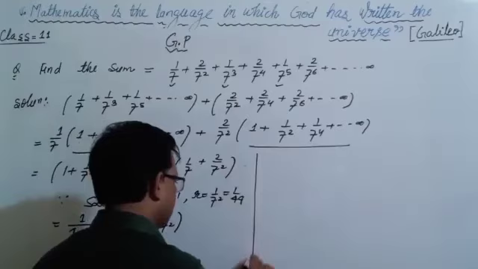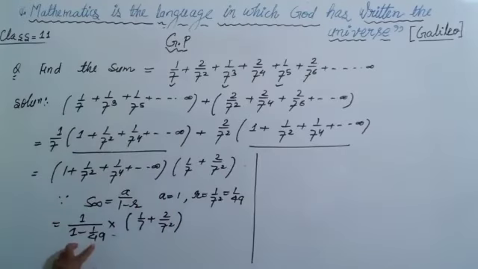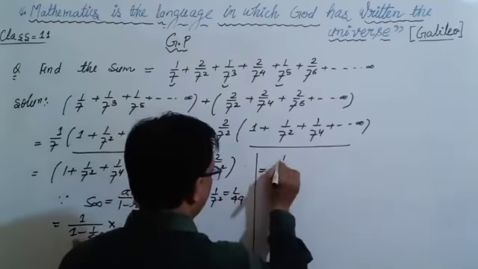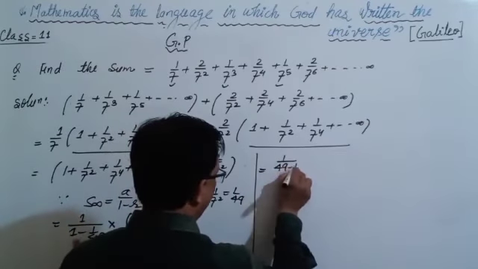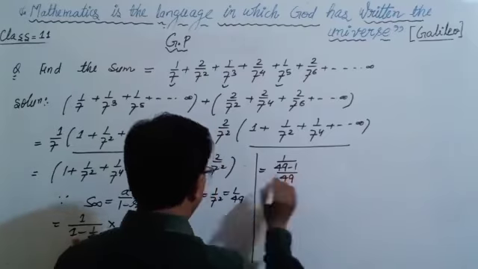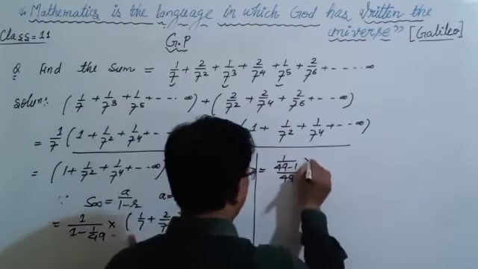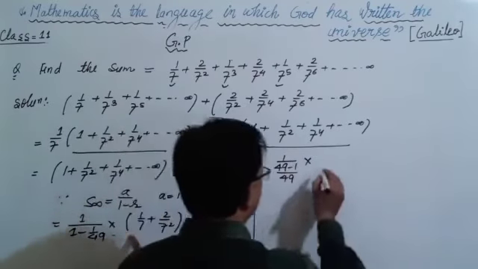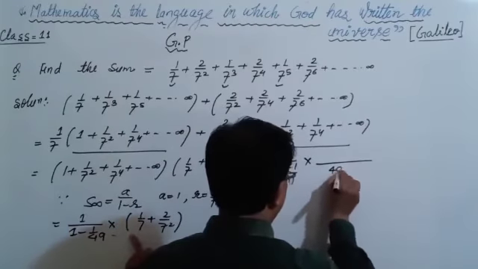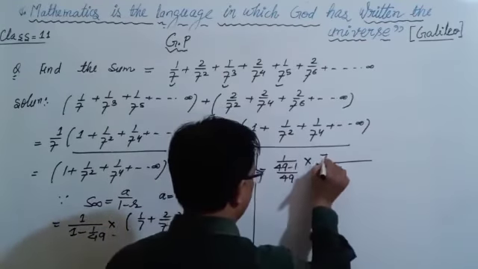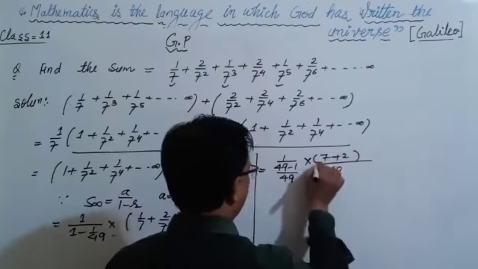Now we calculate this. So this is 49 minus 1 upon 49. Here also take LCM. So LCM is 49. So here 7 7s are 49, plus 2.